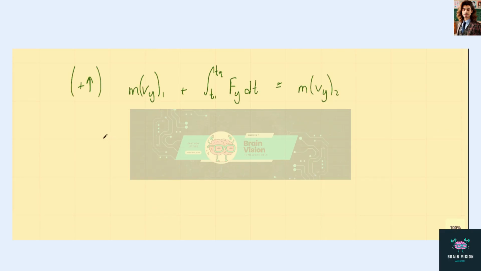So again, let's expand this. So this is m v1 times sine theta minus Fy times delta t.